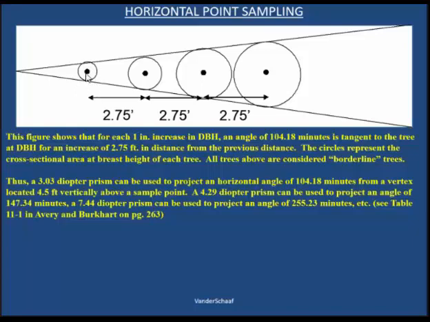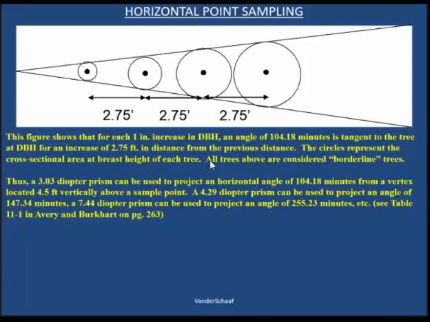a distance of 2.75 feet from here to here, as the sides are tangent to the diameter of that tree, or to the circular area of that diameter, where the circles represent the cross-sectional area at breast height of each tree.